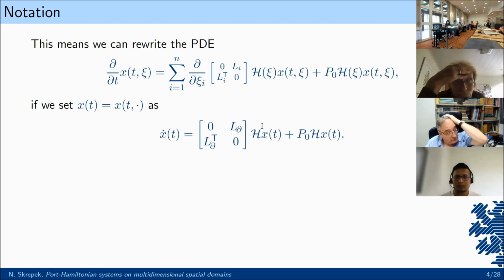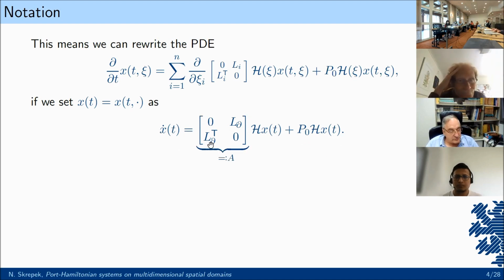So instead of writing x(t, theta), we write just x(t), and then we can write the PDE as an abstract ODE, with the following differential operator and some term. Okay, we don't really have to care about this term because it's a bounded perturbation of this operator, so it's not really important for well-postedness.